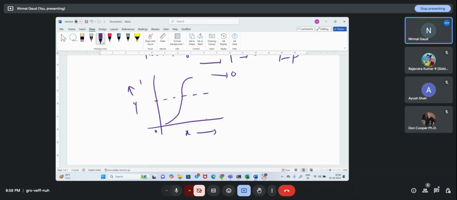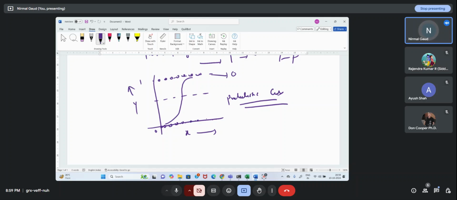Whatever the values of your x, the y will either be 0 or 1. So this is a probabilistic curve.